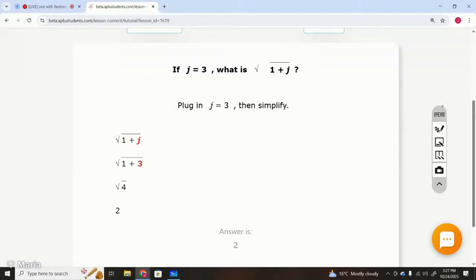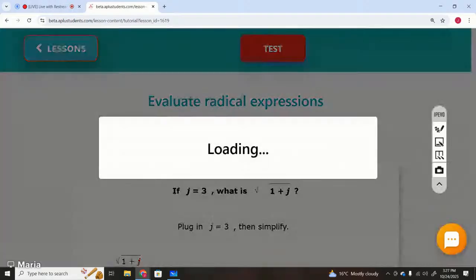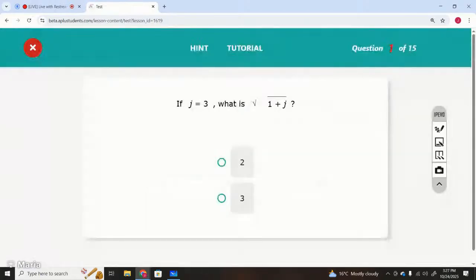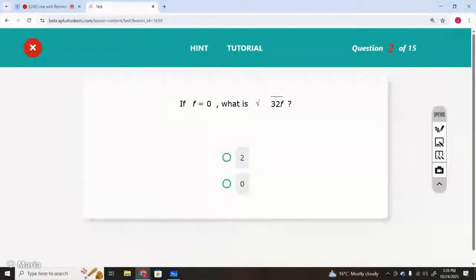The answer is 2. Let's just start with the test questions. j equals 3. What is square root of 1 plus 3? Option number 1 is the correct option, that is 2.